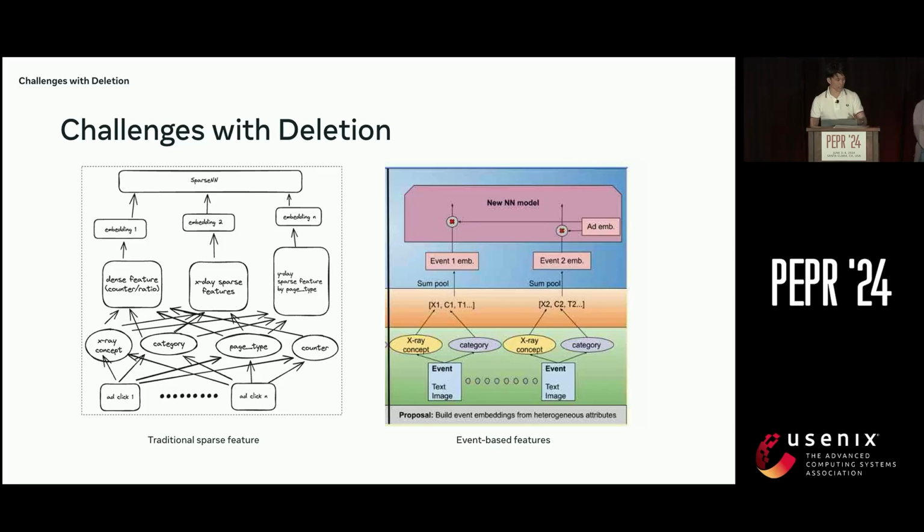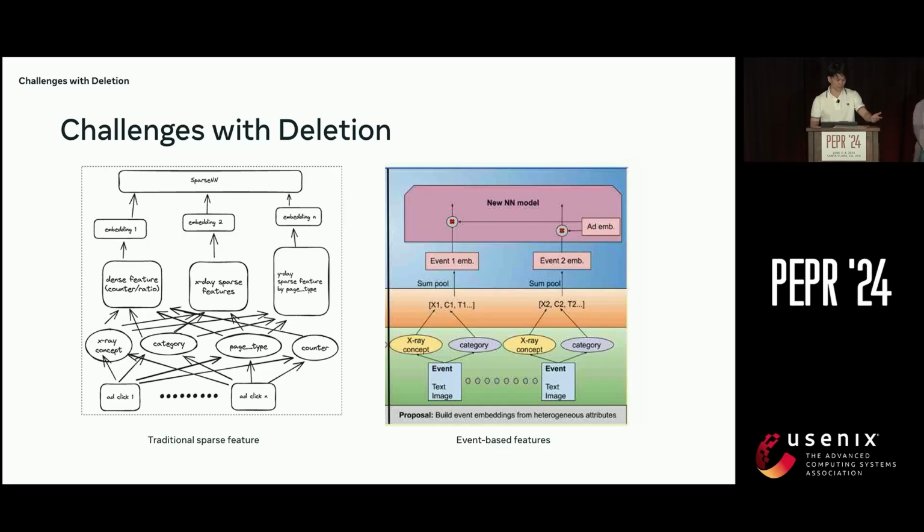So on the right side, with this new representation, each attribute for a given click is persisted only once, which makes deletion much easier. So let's say if we want to delete the first event, we only need to remove x1, c1, and t1.